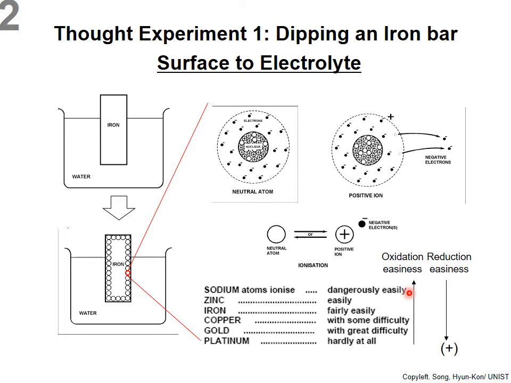So sodium, or the other ones like lithium, would lose its 1 electron in the outermost orbit to the outside very easily. So we could expect sodium atoms to ionize dangerously easily, of course.